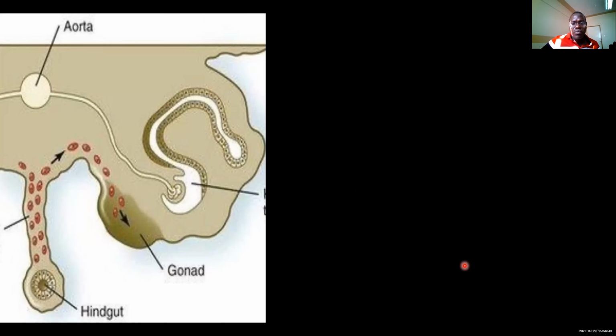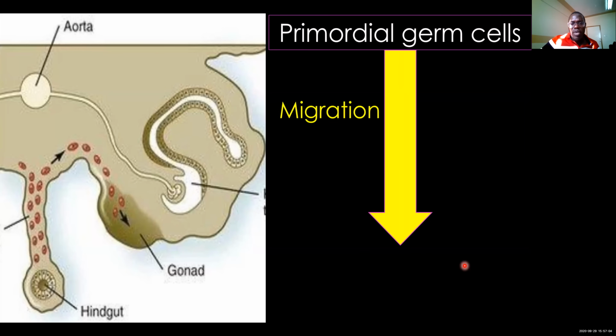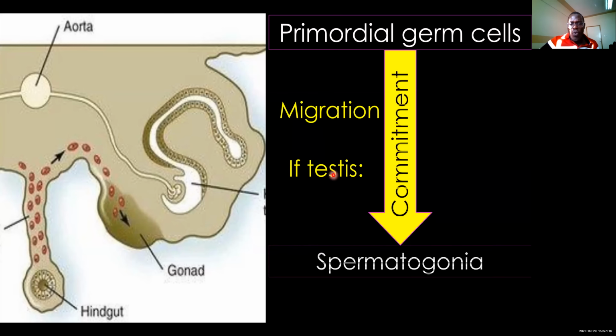Now let's go through those 4 steps, those 4 phases of gametogenesis, with spermatogenesis in mind. In step 1, we have primordial germ cells, and these primordial germ cells migrate to the developing gonad. If that developing gonad is the testis, then these primordial germ cells will be called spermatogonia.